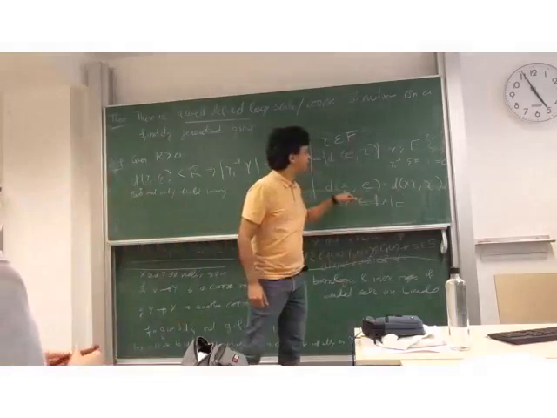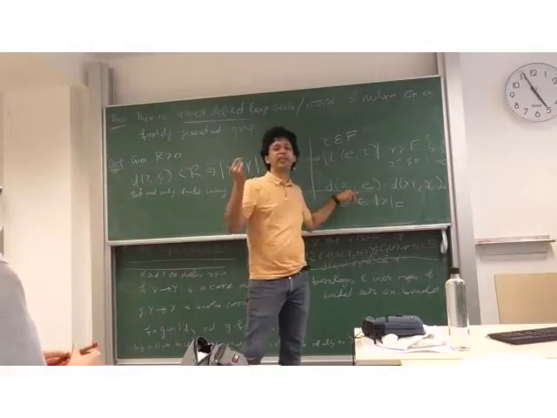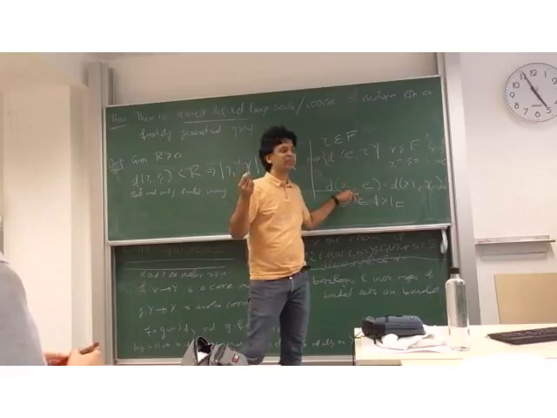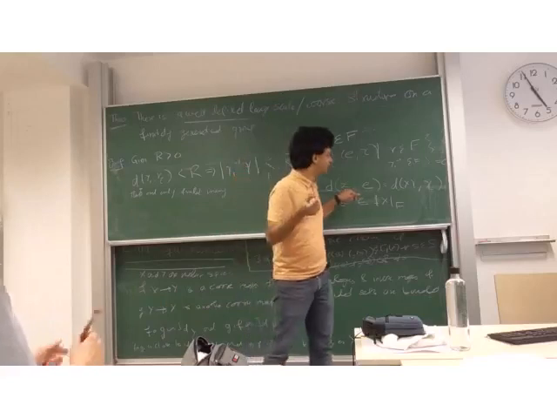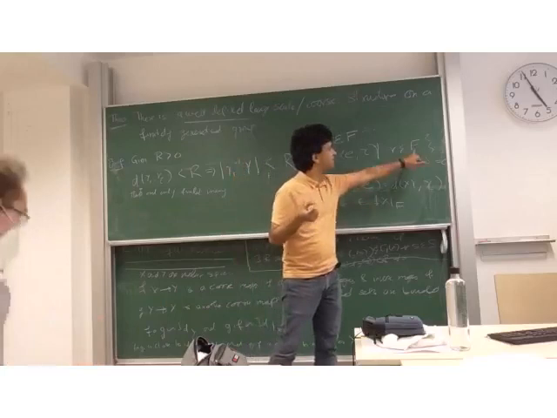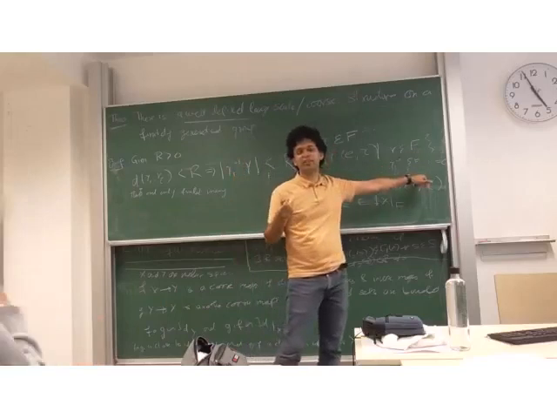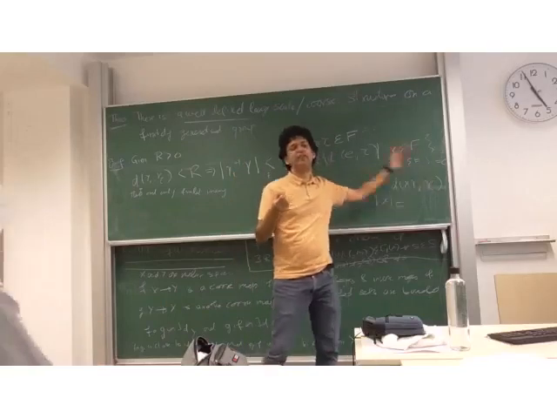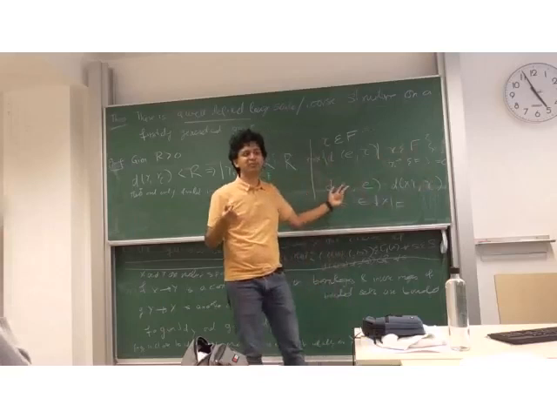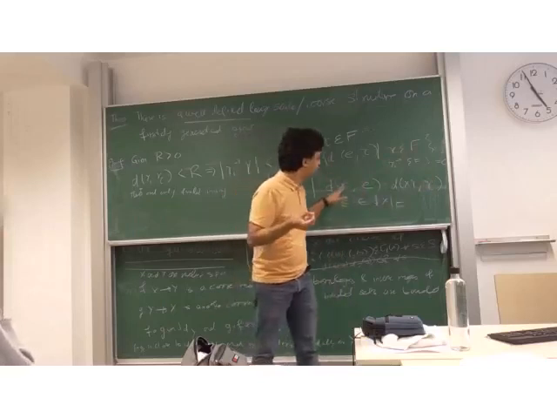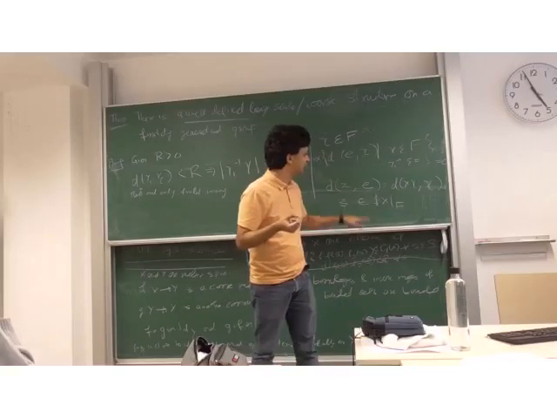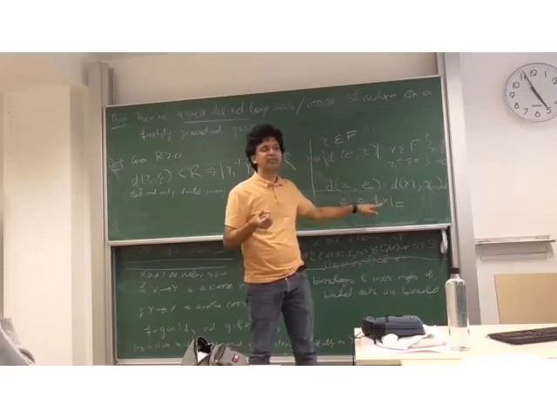If x was made of just one gamma, then the distance of this to e would be less than c by definition. We chose c to be that. If it was made of two elements, then the distance of x to e would be less than c times 2 because of this translation invariance.